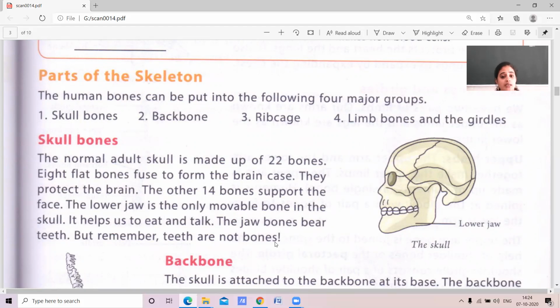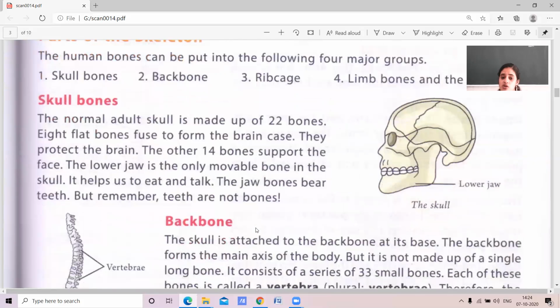The normal adult skull is made up of 22 bones, children. 8 flat bones fuse to form the brain case. They protect the brain. Then the other 14 bones provide support to the face.